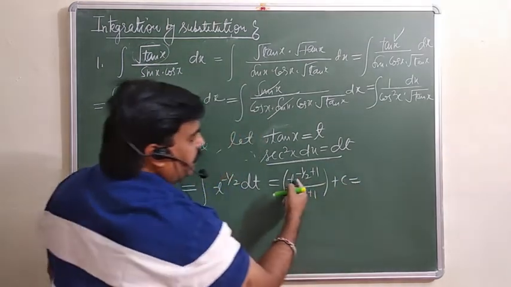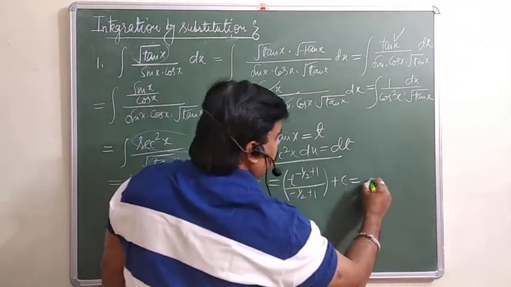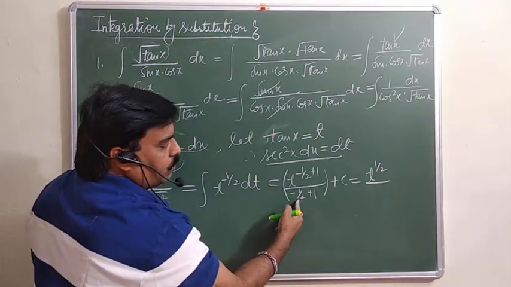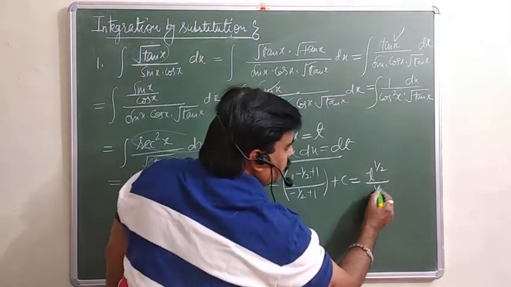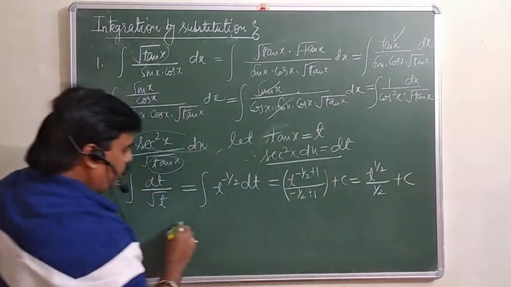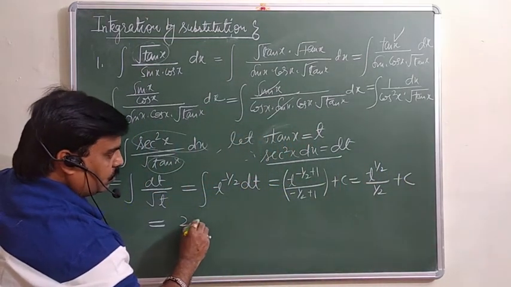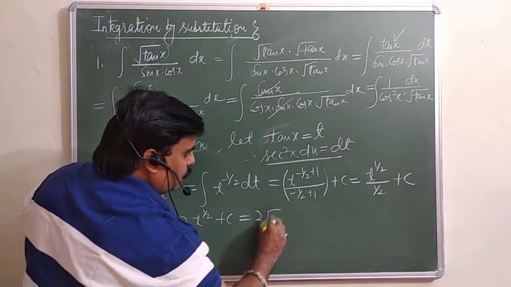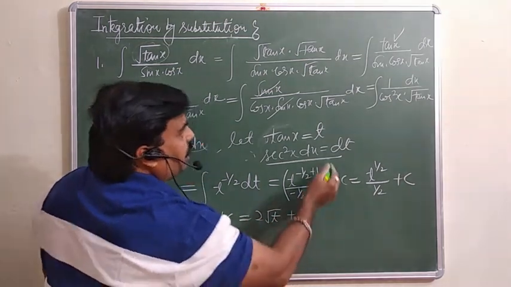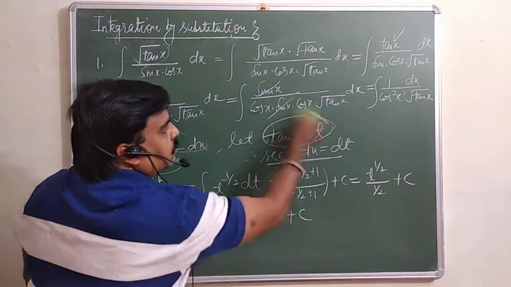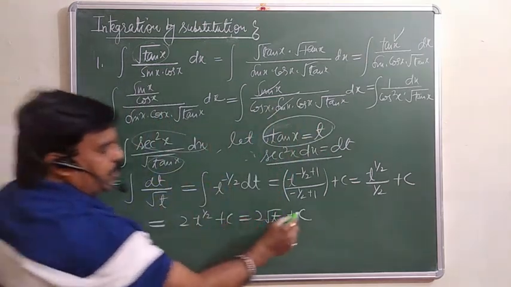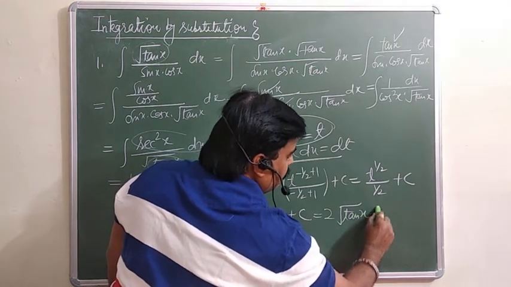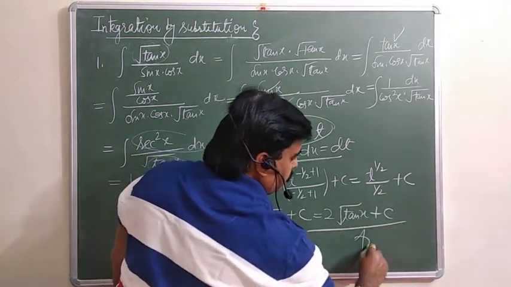So this is you will get t raised to power 1 by 2 over 1 by 2 plus c. 2 will go in the numerator, so this is 2 t raised to power 1 by 2 plus c, or you can say 2 root t plus c, and t is already we assumed what? tan x. You can put here only, so that is 2 root tan x plus c is your answer.